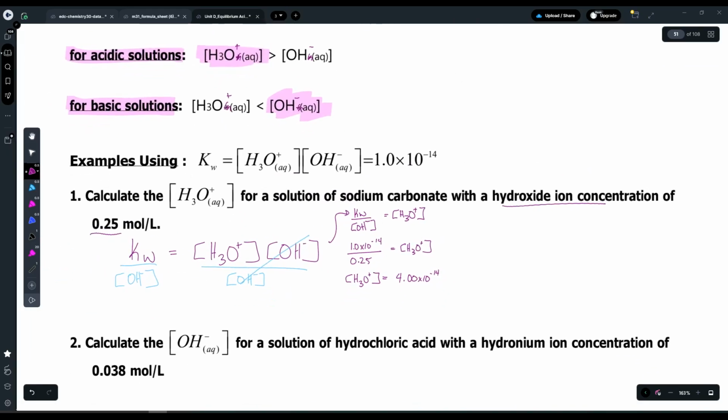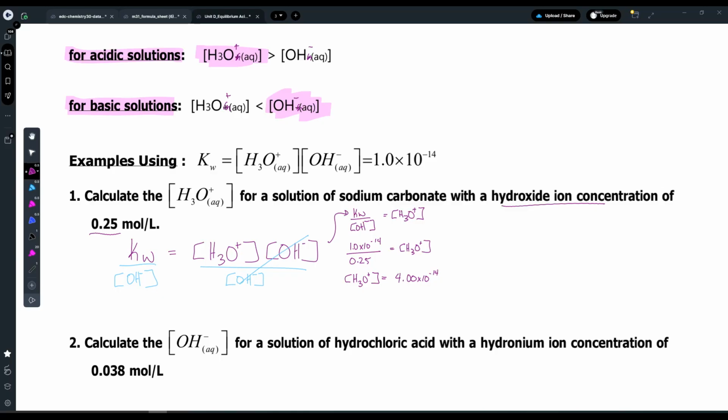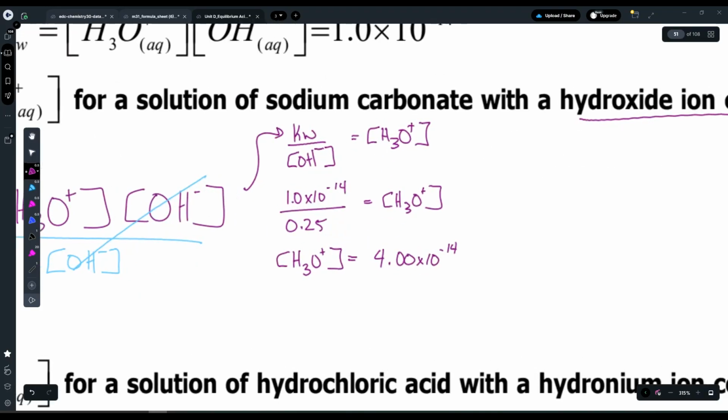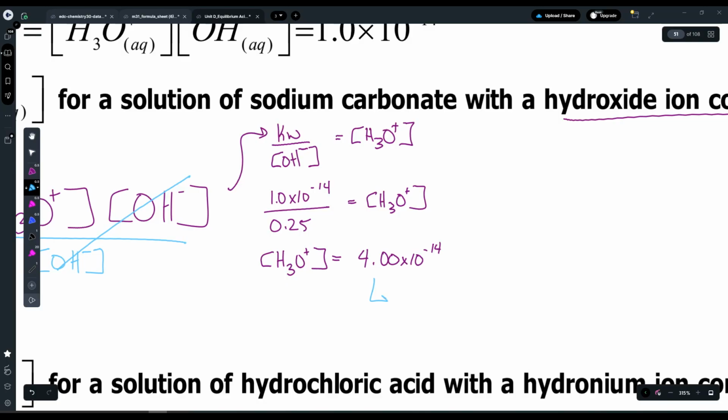Okay, so in terms of significant digits, you don't use constants given to you in your data booklet to determine sig digs. You have to use the numbers given to you in the question. So this number right here has 2 sig digs, so I need to write my final answer in 2 sig digs. And I also need to include units.